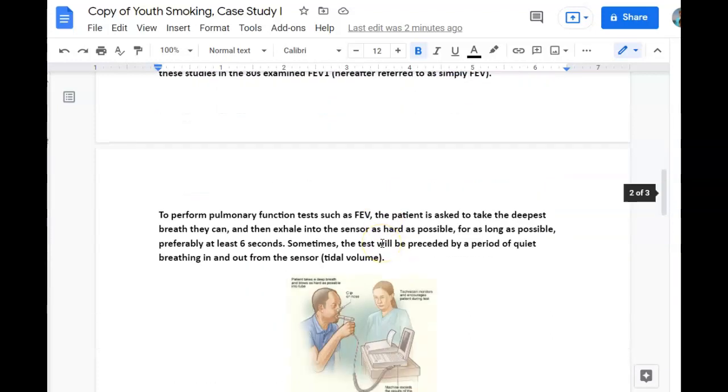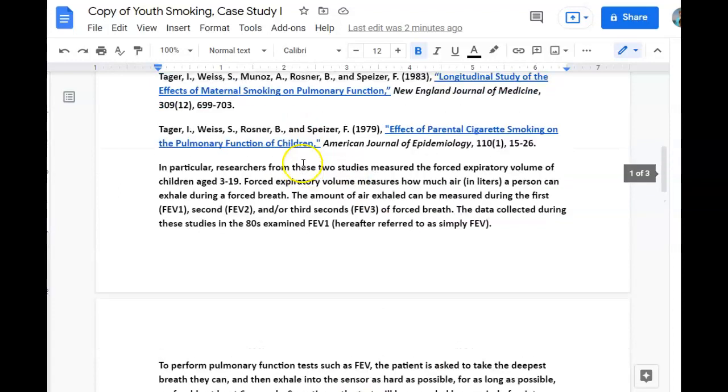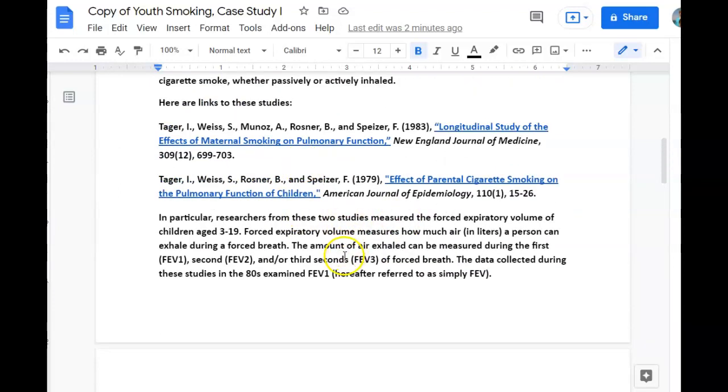so here it tells you a little bit about lung function. In particular, what they were measuring was forced expiratory volume, FEV. So that's the main variable of interest, how much air in liters a person can exhale during a forced breath.